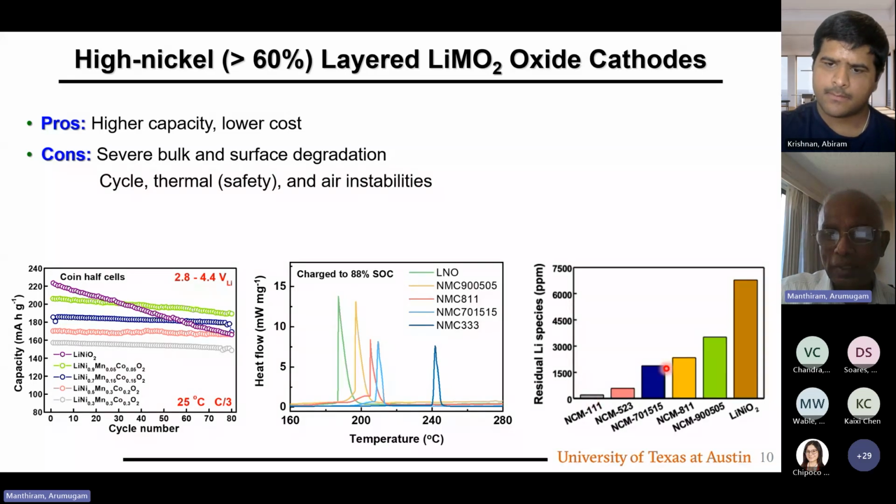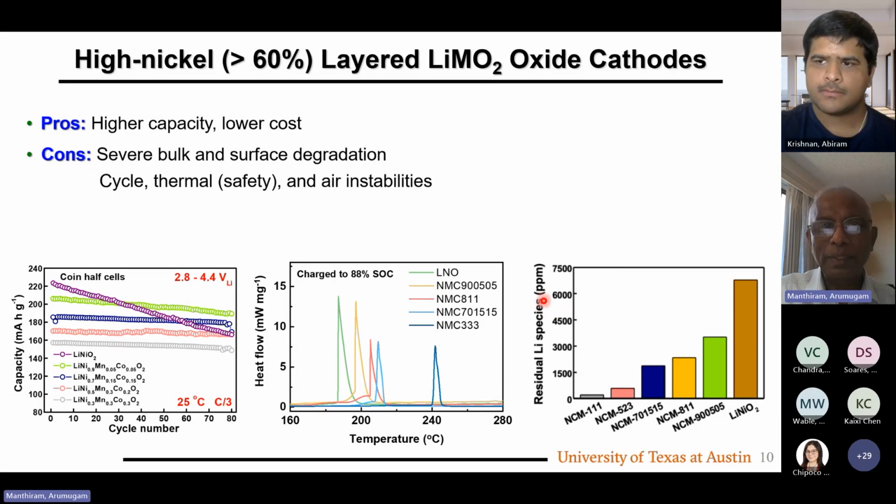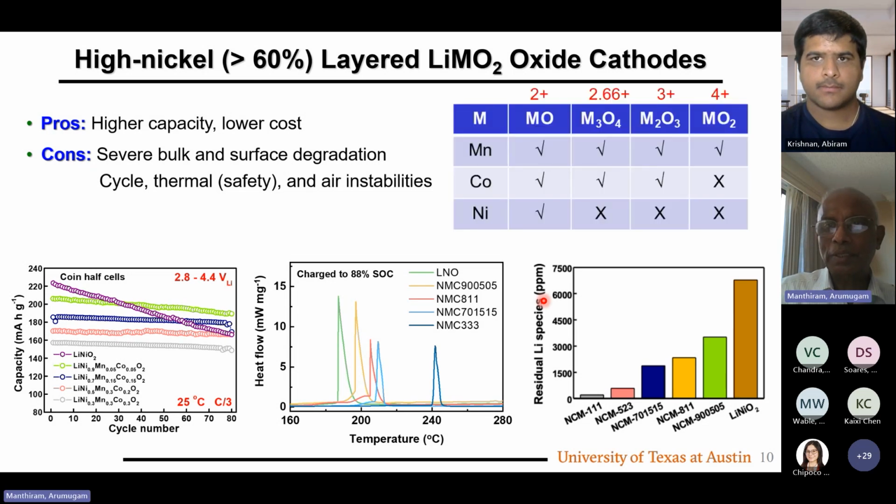The residual lithium quantity is exponentially increasing when you go to much higher nickel content. So that's a headache. If you have the surface hydroxide and lithium carbonate, when companies like Samsung or Tesla make electrodes, it will clog. They cannot make good electrodes. So it doesn't work. That is a problem. So we have cycle, thermal, and air instability.